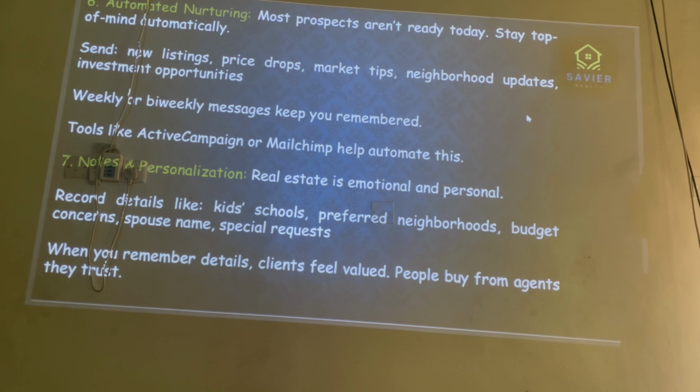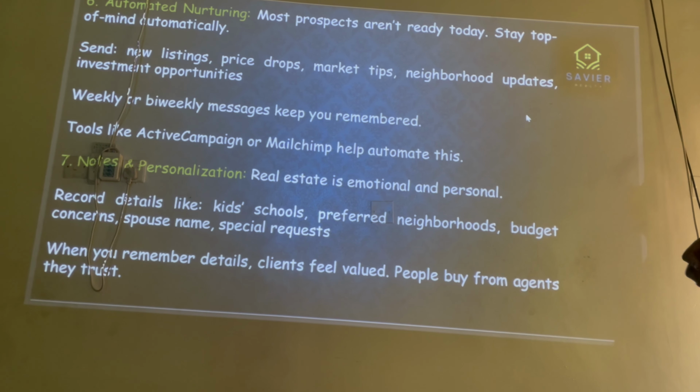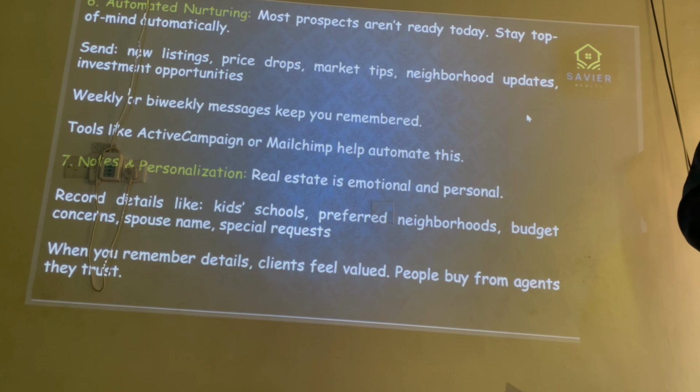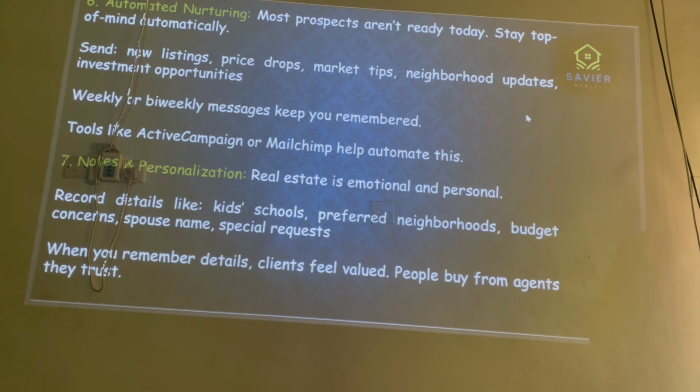They have tools that are automating these things, sending you those emails. Notes and personalization. Real estate is emotional and personal. I know some people who record their prospects' and clients' birthdays as part of their CRM. A prospect who doesn't have many people, nobody has even wished the person happy birthday, you are the first one to send that person happy birthday. These are what build relationships.